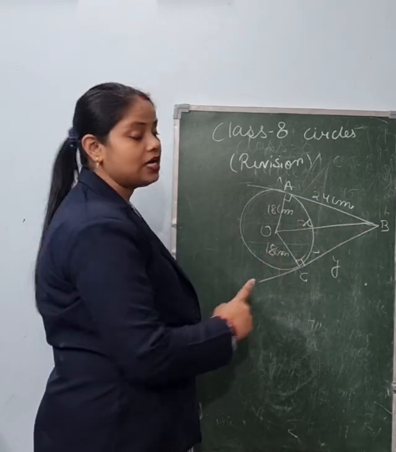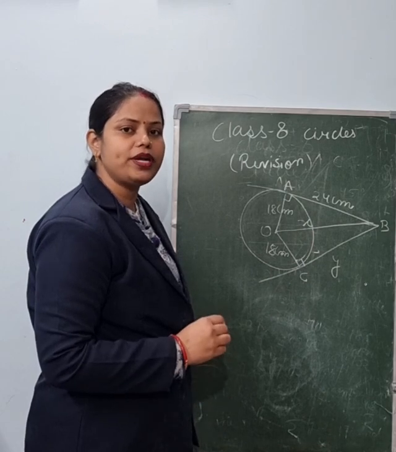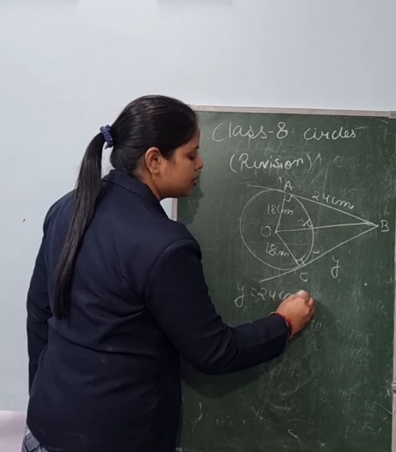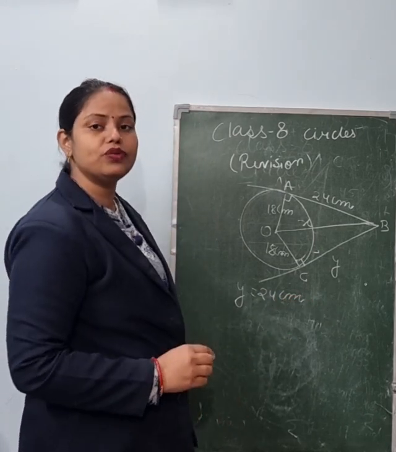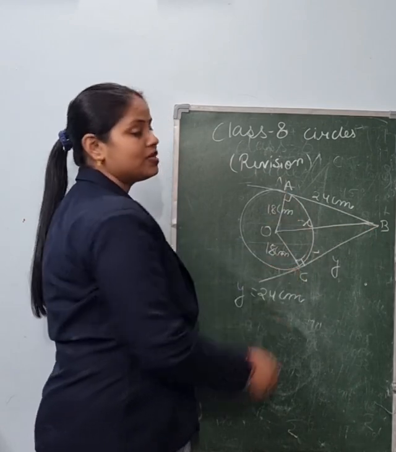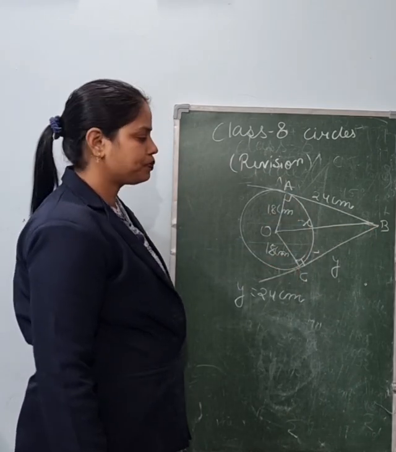So AB and BC are the tangents to the circle from the same point B. So we can write down directly Y is equal to 24 centimeters because according to the property, the tangents to the circle from the same exterior point are equal.